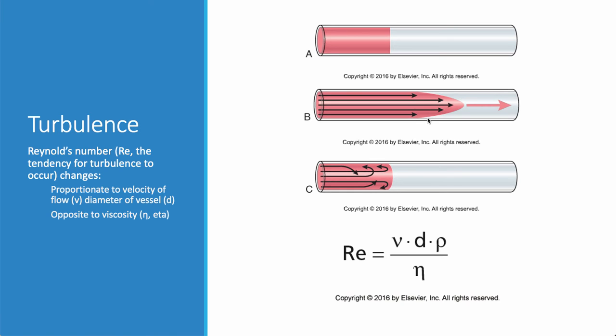So the turbulence is proportionate to the velocity of flow and the diameter of the vessel. Okay? Turbulence is inversely related to the viscosity.